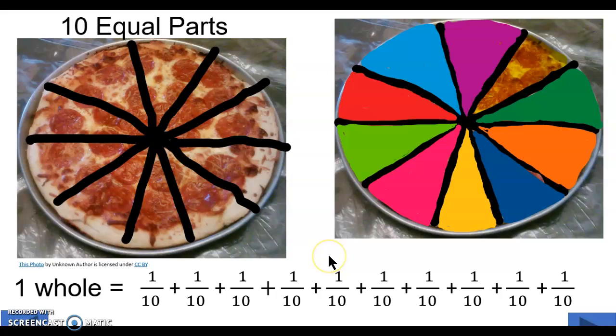And then I pose a question, how much is the orange part? Obviously it's the 1/10. You can see with each click, it gives me an opportunity to allow them to count along with me to keep track of the 10 parts.